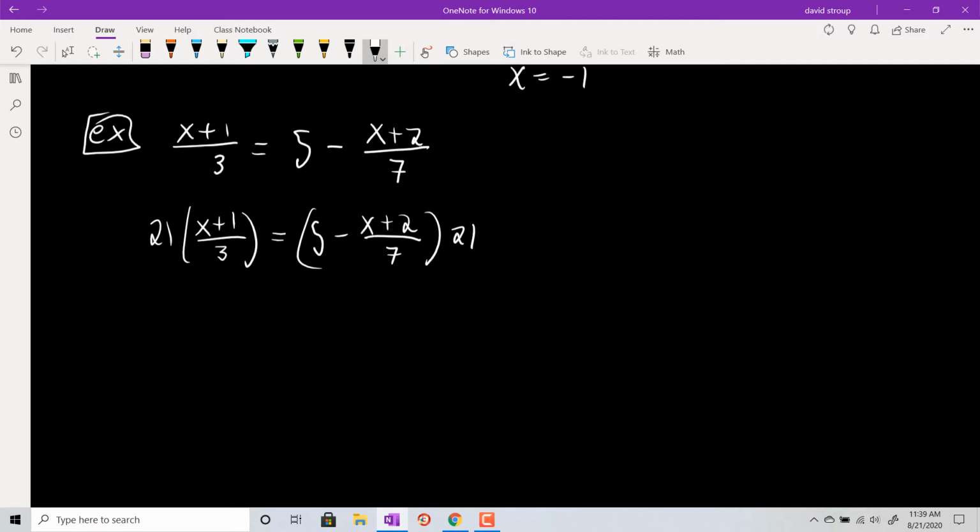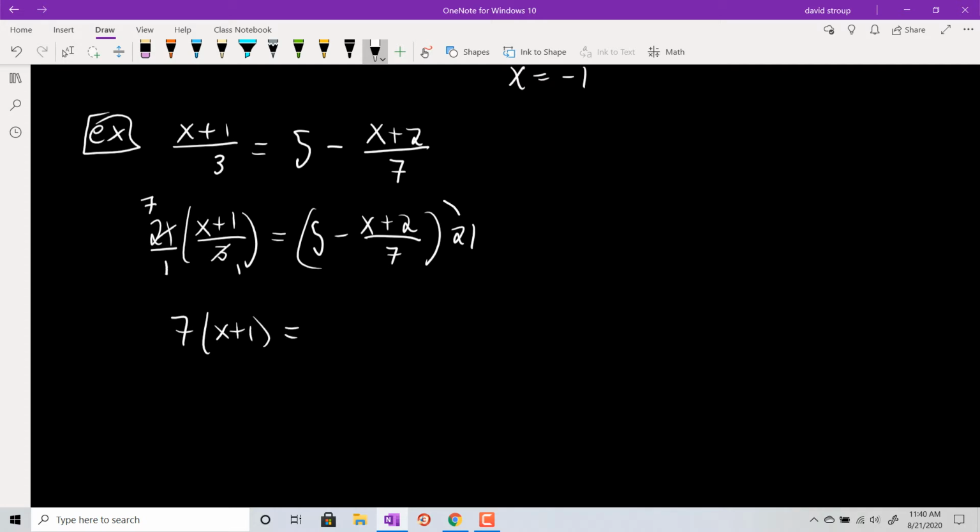So on the left-hand side, we can simplify a little bit, right? So 3 goes into 21 7 times. Or you could think of 21 over 3 is the same as 7 over 1, something like that. So you're just going to end up with 7 times x plus 1.